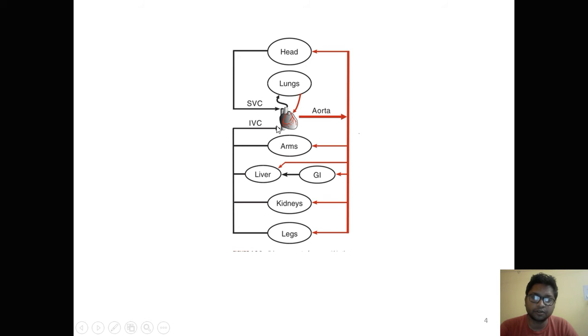From all other organs we are getting the deoxygenated blood. That deoxygenated blood is sent to the lungs, and the lungs will purify the blood, that will make the blood oxygenated, and it will again be sent to the heart, and this heart again pumps the oxygenated blood to all the organs of the body.